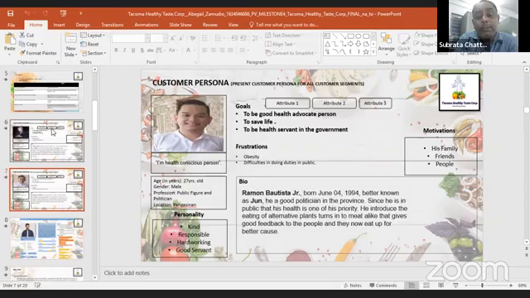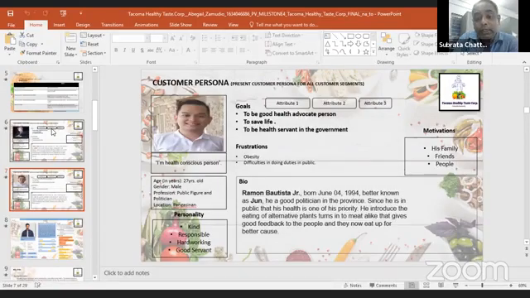The next one, as you can see, is a health advocate. He wants to be a health advocate rather. He wants to save people's lives. He's a health-conscious person, and this person is a public figure and politician. Right? Location is Pangasinan. Personality, he is kind, responsible, hardworking, and a good servant.